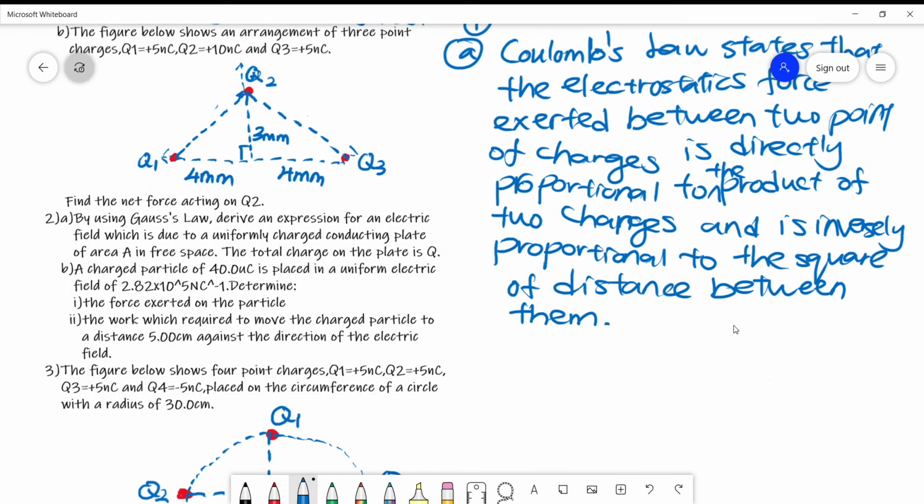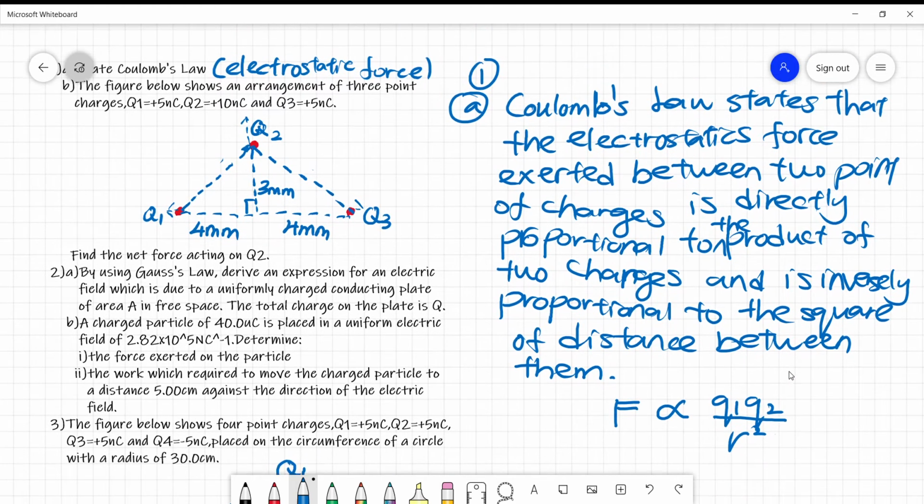As for the formula, which is quantitative, F is directly proportional to the product of the two charges, Q1, Q2, or you can write it in capital letters, which is better, and is inversely proportional to the square of distance between them, so this is r squared. Okay, so this is the statement for Coulomb's law.